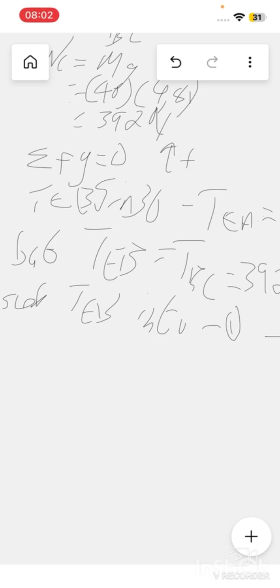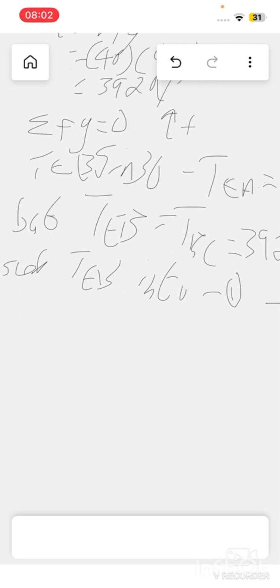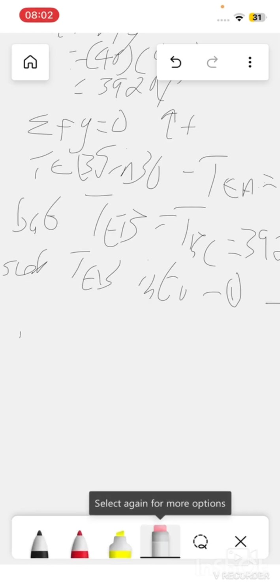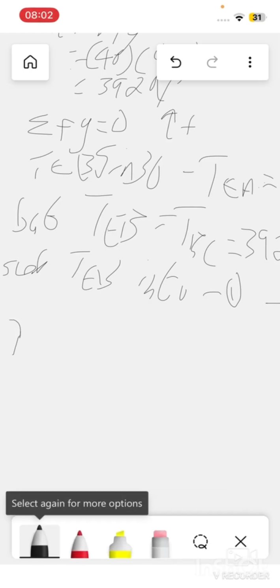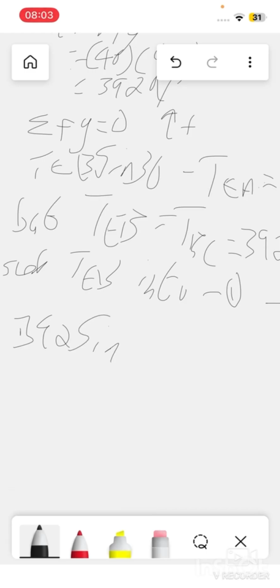Therefore, our equation 1 is TEB sine 30, so we're going to have 392 sine 30.